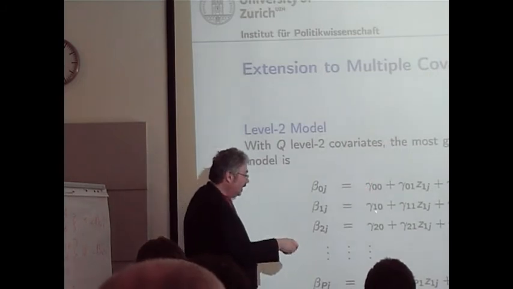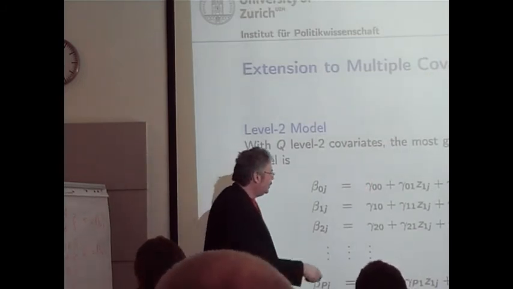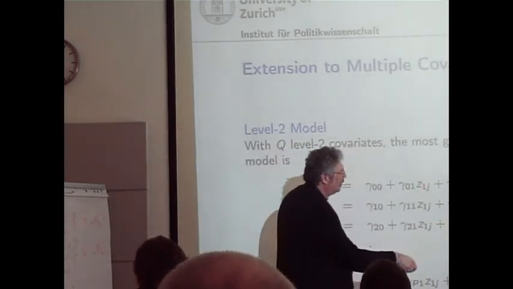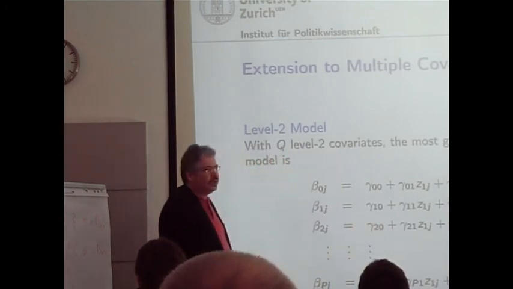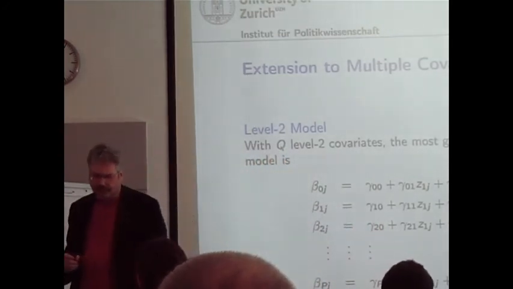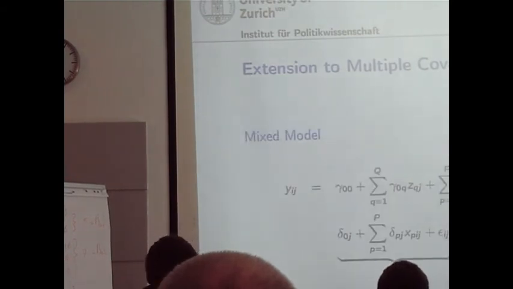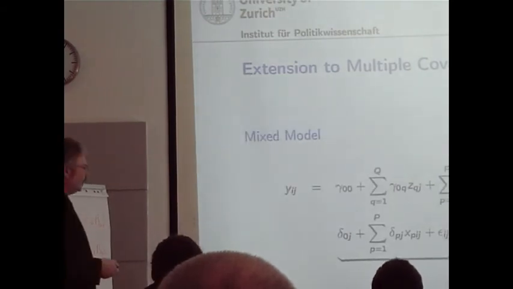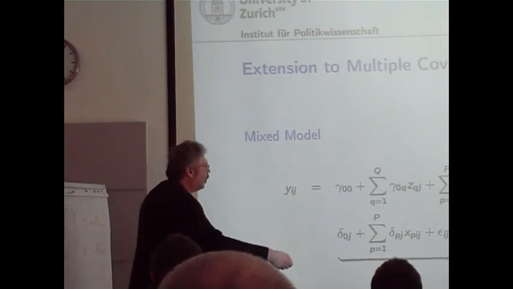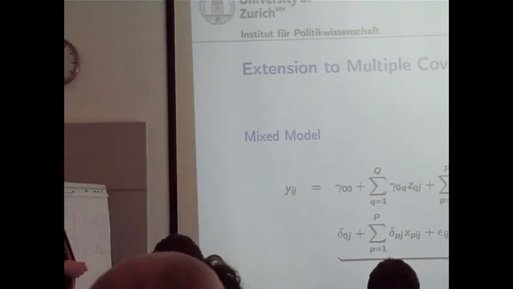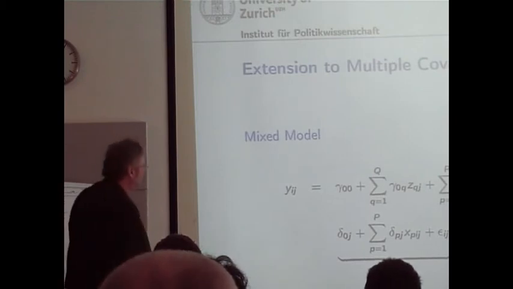There will always be an intercept in these equations, possible explanatory variables, and then possibly an error term. And then if you throw this all together, you get this rather complex looking expression, but it's really not that hard to interpret what's going on.